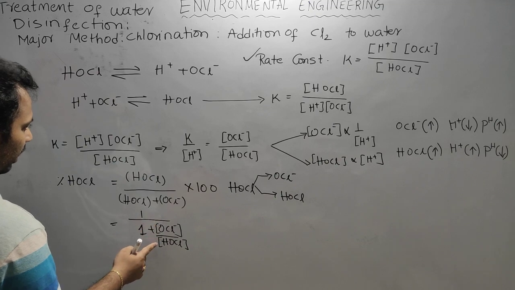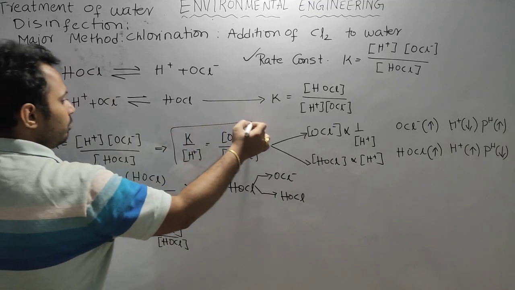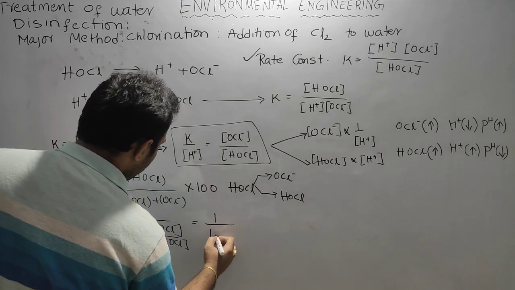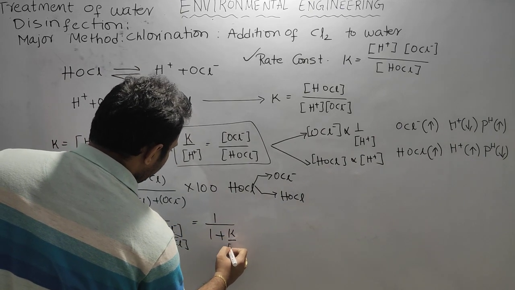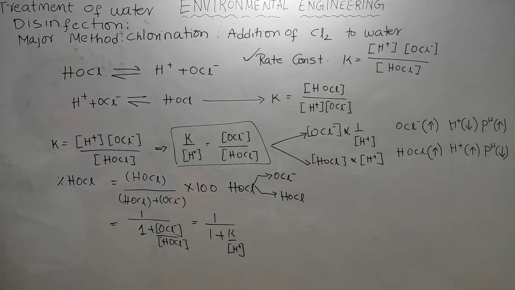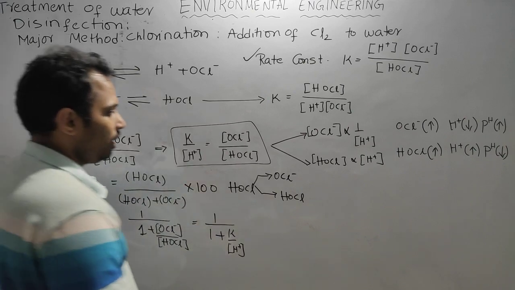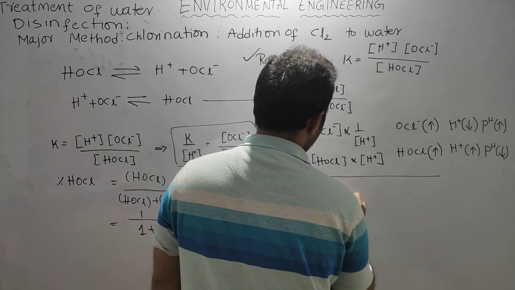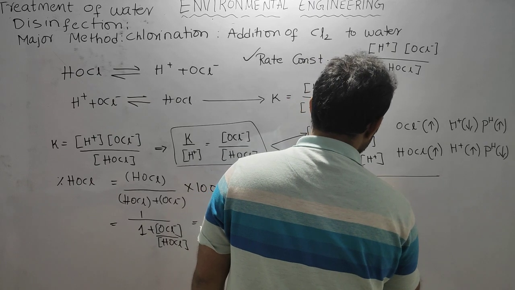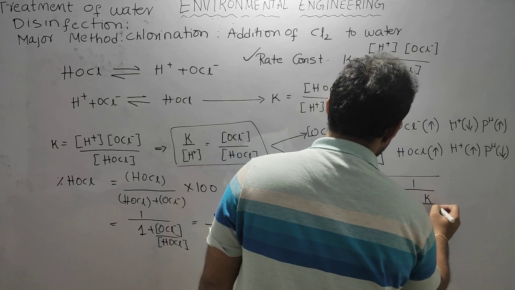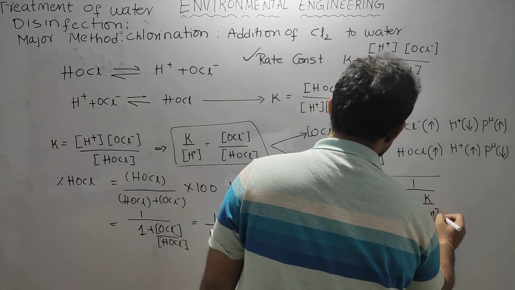So this OCl minus by HOCl is nothing but K by H plus ion. So it is equal to 1 by 1 plus K by H plus ion concentration. This is nothing but percentage of HOCl. So the percentage of HOCl is equal to 1 by 1 plus K by H plus ion concentration into 100.